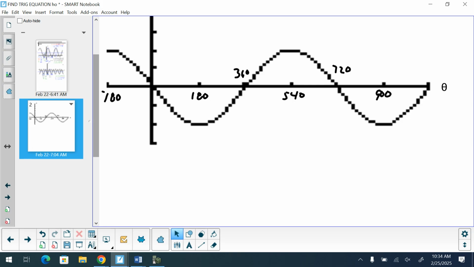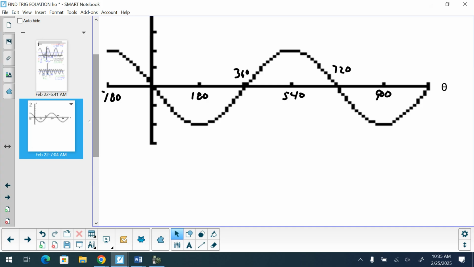Find the amplitude, vertical and horizontal phase shift, and develop an equation and check your answer with somebody around you.